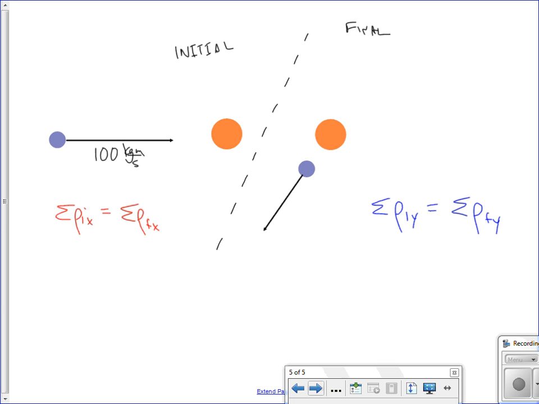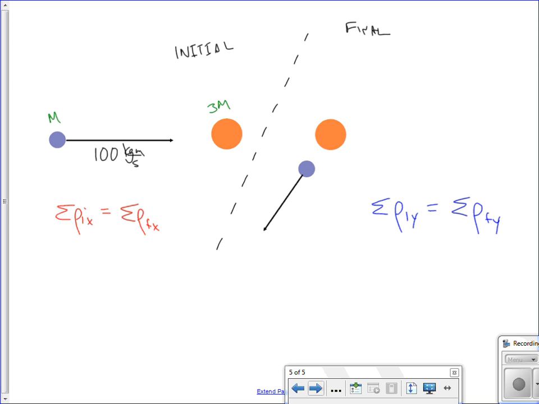Let's try making this mass M, and this one 3M. I know for sure that if you shoot a less massive object at a more massive target, the less massive one can recoil, like we've seen. It can bounce backwards.